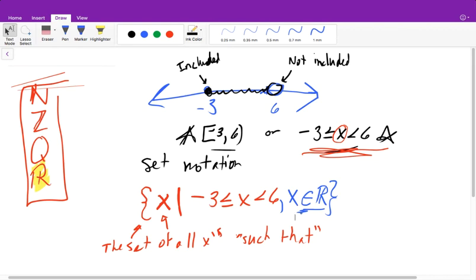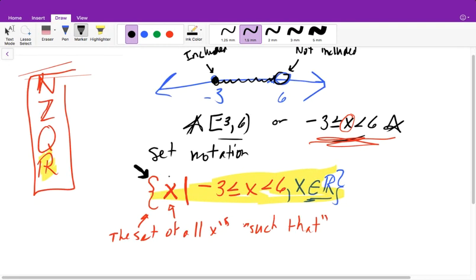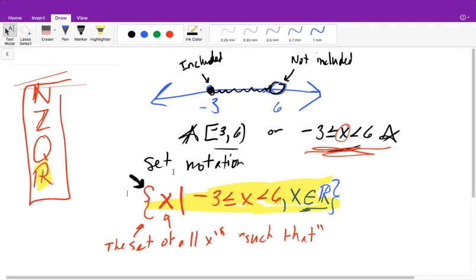All right, so this, what I just wrote up, is our interval and set notation. So let's just read exactly what this is telling us. So this is saying the set of all x's such that, and then we can say what our solution is or what it is that we're looking at.